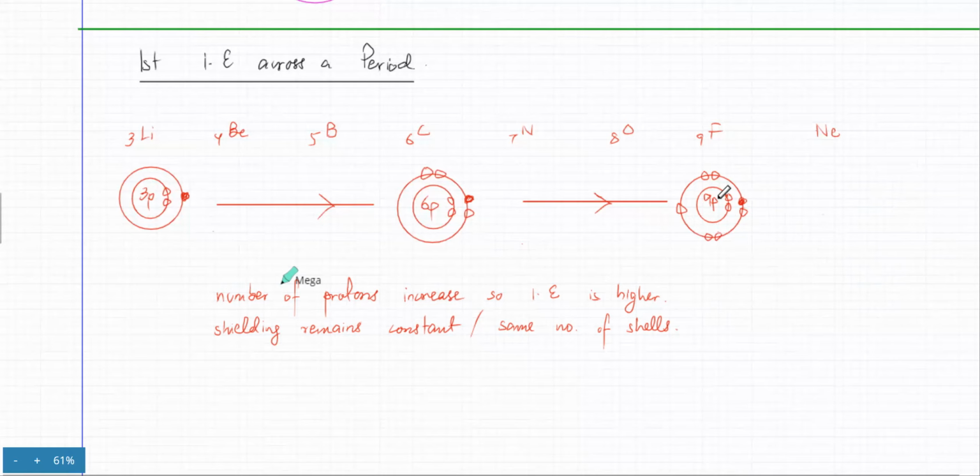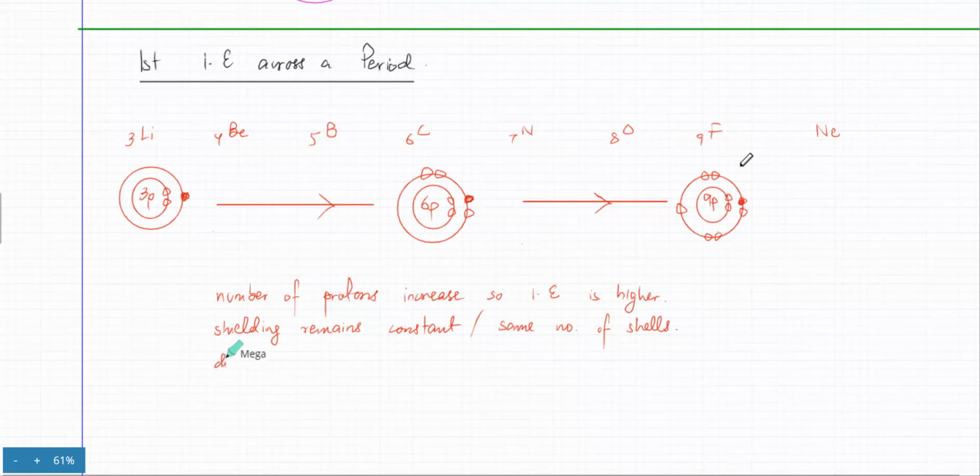Because nine protons are going to attract the electrons more strongly, so the electrons would be closer to the nucleus. Six protons would not be attracting its electrons that strongly. Three protons would not really be attracting its electron very strongly, so it would be further away. Because as you move to the right, you have more positive charge in the nucleus, more protons. So the electrons are tightly held, and the size of the atom gradually shrinks.